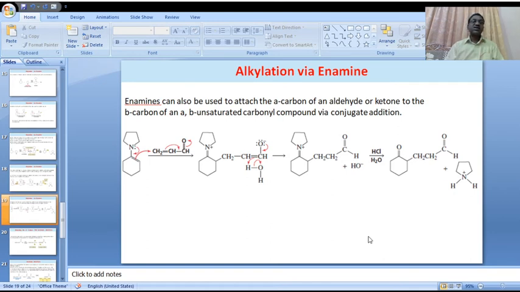Normal addition or conjugate addition, we will discuss in the next slide, how the conjugate addition takes place.